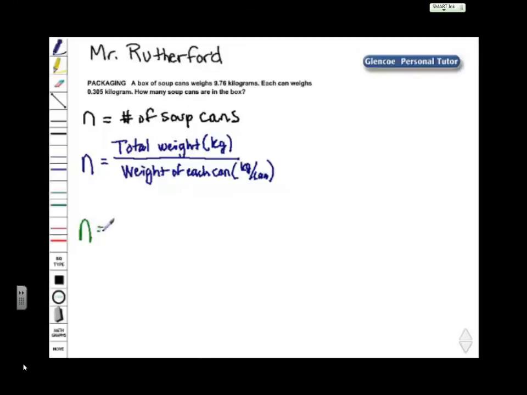So n, our unknown, is equal to the total weight of the box, which is 9.76 kilograms, over the weight of each can, which is said to be 0.305 kilograms per can.